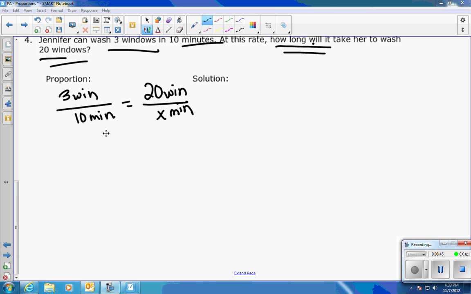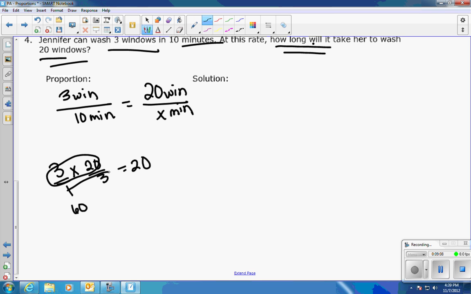So in this particular problem, you have to think about what do I multiply 3 by to come up with 20? And although this seems a little bit weird, you have to think back to when we multiplied fractions previously. So the answer to this is 20 over 3. And the reason is because when you put this over 1, the 3 times 20 gives you 60, and the 3 times 1 gives you 3.